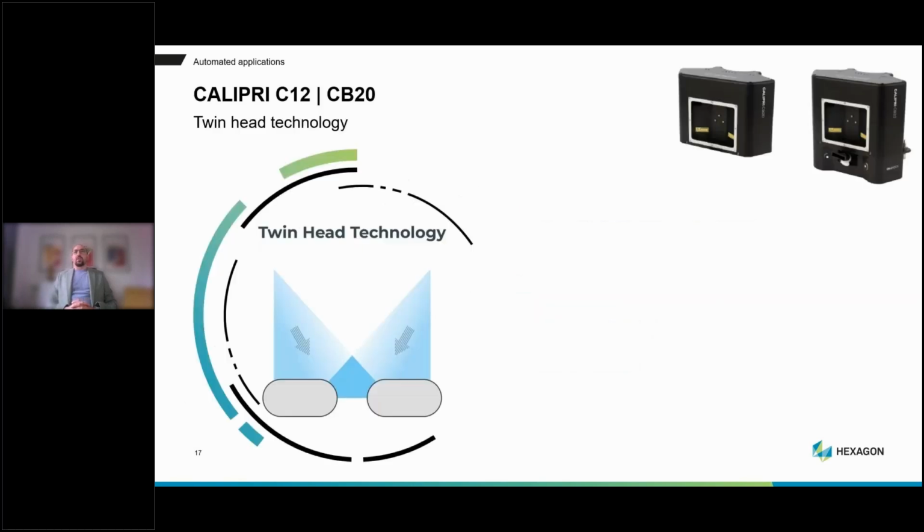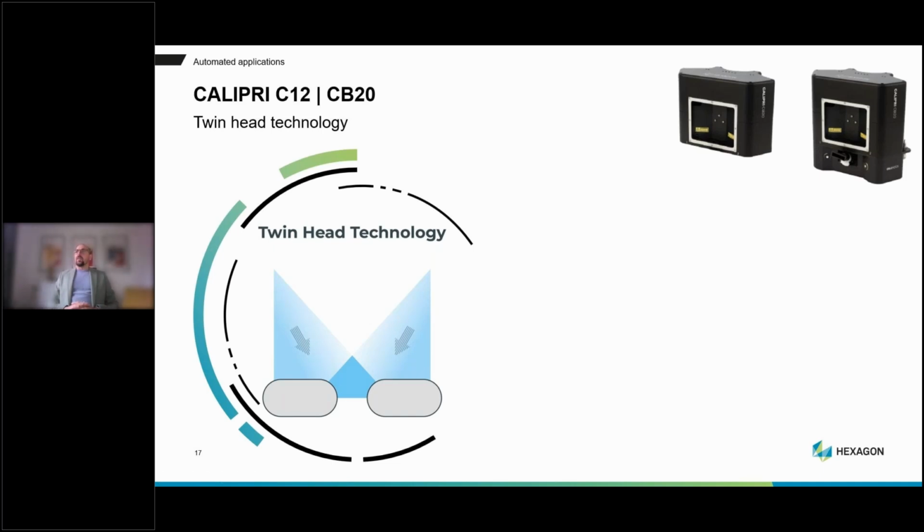So what do our automated applications look like? What makes them so special, especially compared to our handheld gauges? On the top here, we can see our 2 sensors, the CaliBreeze CB20 and the CaliBreeze CB20 with the CaliBreeze unit below. Both of them feature a twin head technology.